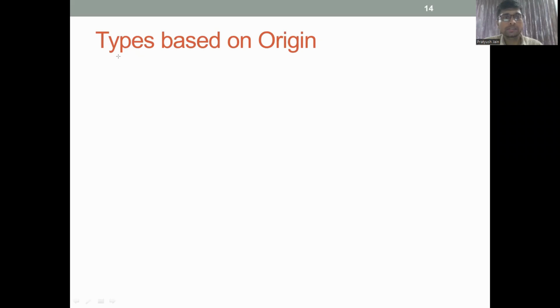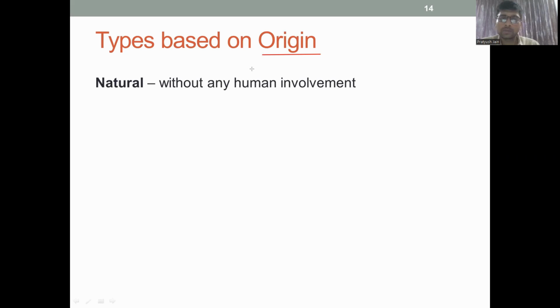Let us now discuss nanomaterial types based on origin. Based on origin, nanomaterials can be natural or artificial. Let us start with natural nanomaterials. Natural nanomaterials are the ones which have no human involvement.